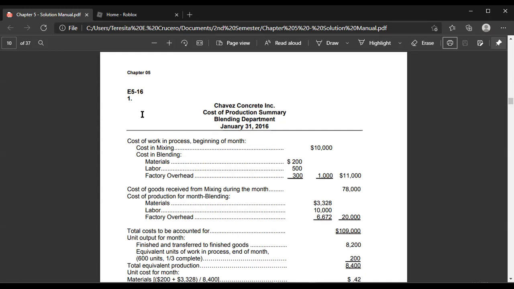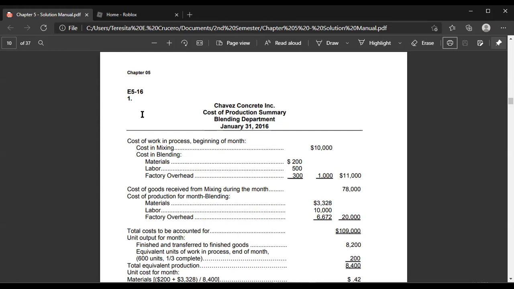So we have to start with the cost of work in process at the beginning of the month. This is now the cost related to the 1,000 units. Now take note that we have the 1,000 units at the beginning of the period in the blending department, but actually this came from the mixing initially.